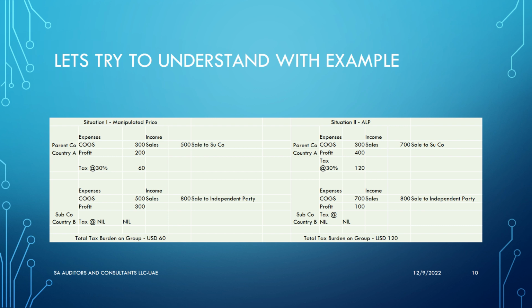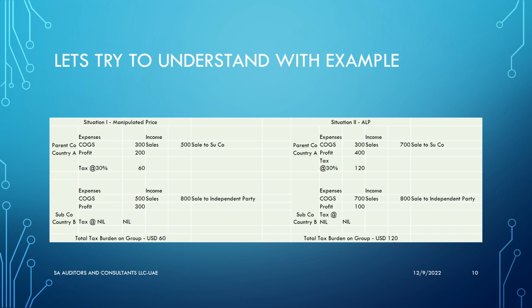Their cost of goods sold is 300. Their profit is 200. In country A, their tax rate is 30%. They are going to pay $60 as tax, 30% on their profit of 200.